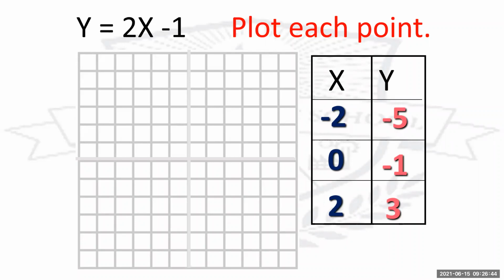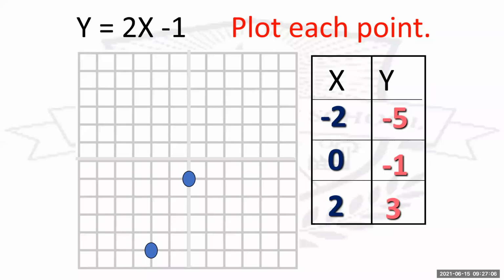Check -2 of x, -5 of y. So this is your first point. Understood? You'll move 2 positions left, 5 positions down. You get -2 comma -5.